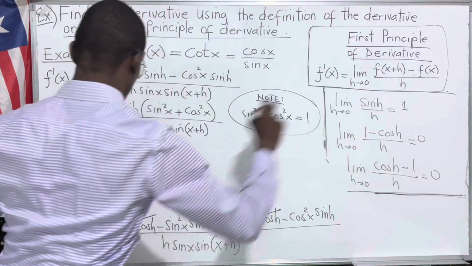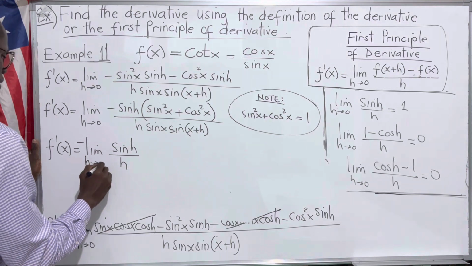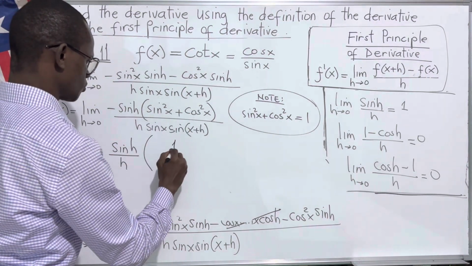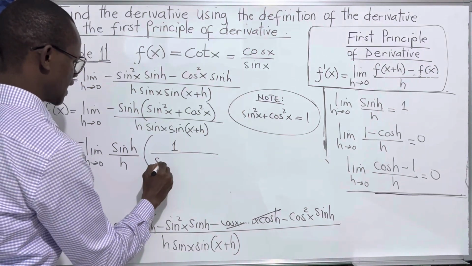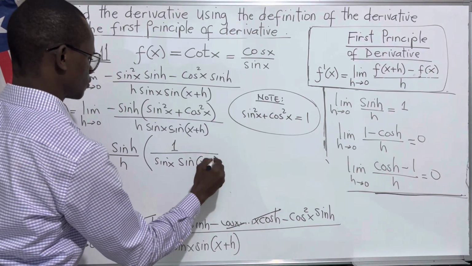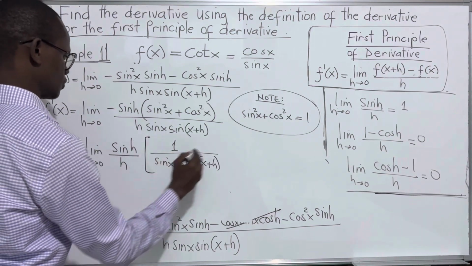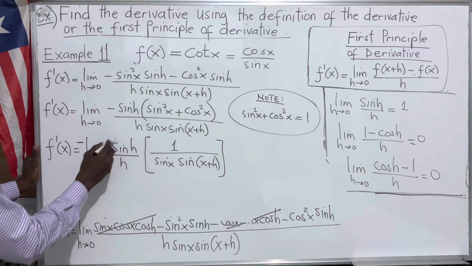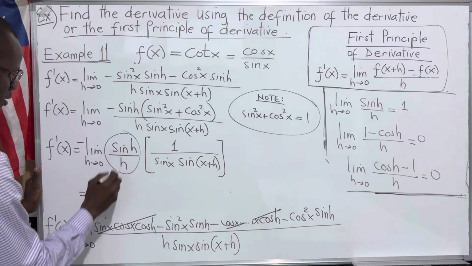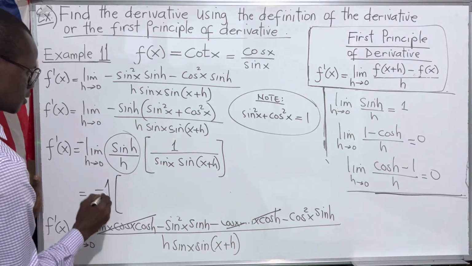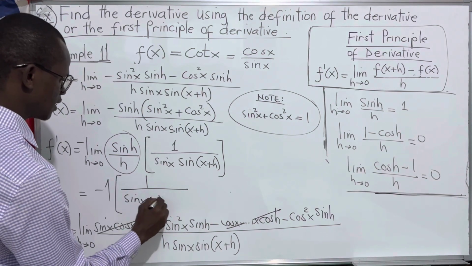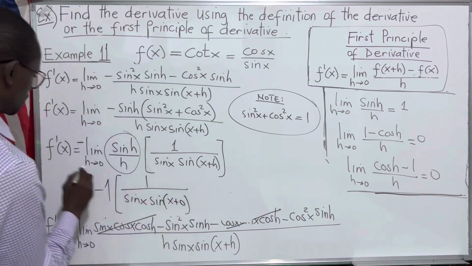Sine of h over h equals 1 as h approaches 0. And then this one you will have like 1. And then in here it will just be sine of x times sine of x plus h. So we take the limit of this one. It gave us minus 1 right there, times 1 all over sine of x plus 0, as h approaches 0.